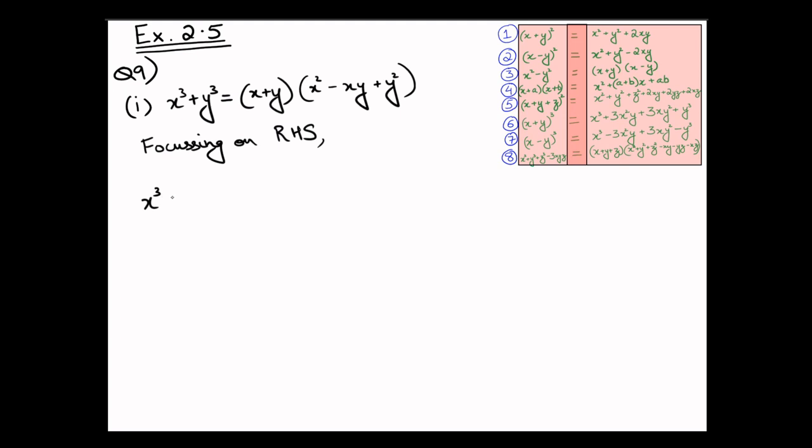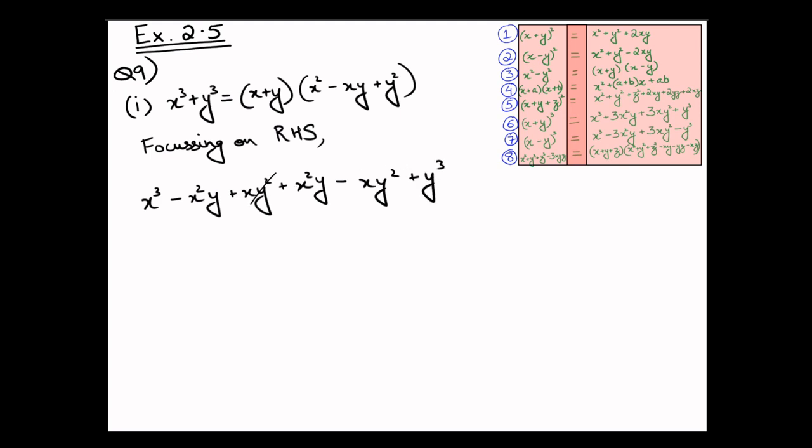So we get x cube minus x square y plus xy square plus x square y minus xy square plus y cube.